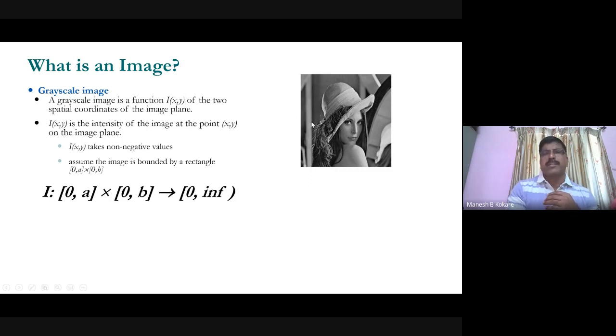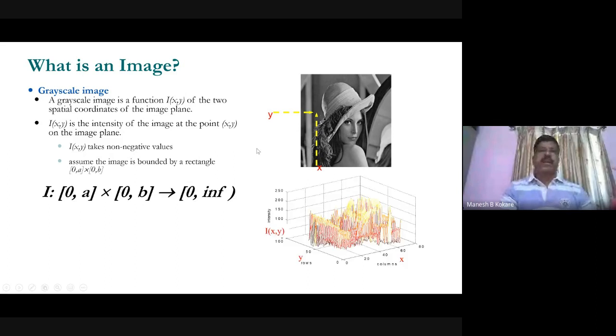So this may be represented by some value of x and some value of y. At this coordinate, what is the intensity? This intensity is I. So I of x y is a non-negative value, and we assume that the image is bounded by the rectangle. So at this location, what is the intensity of the pixel? That is given by I of x y.